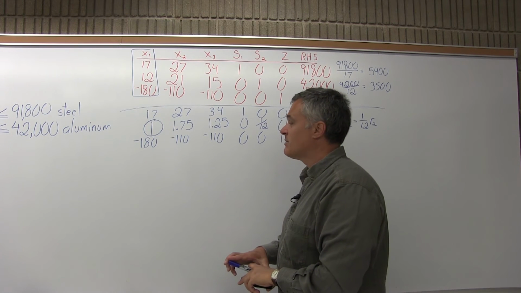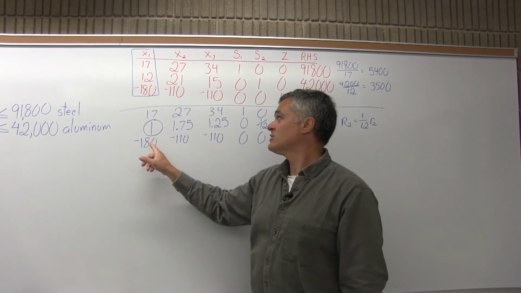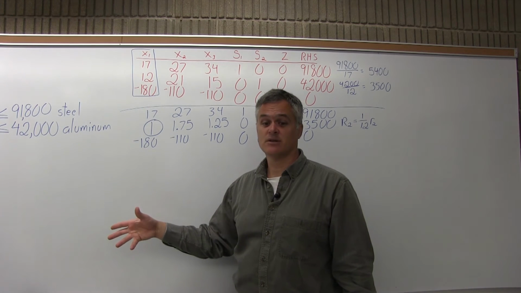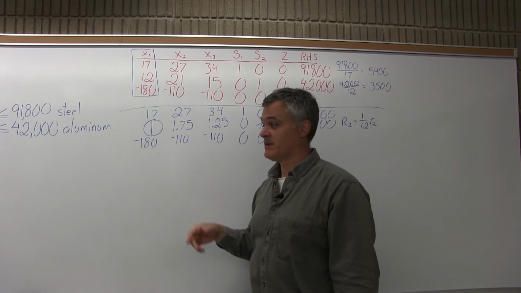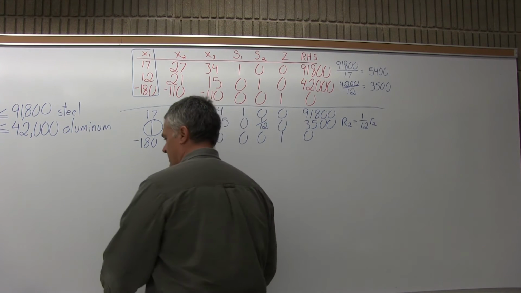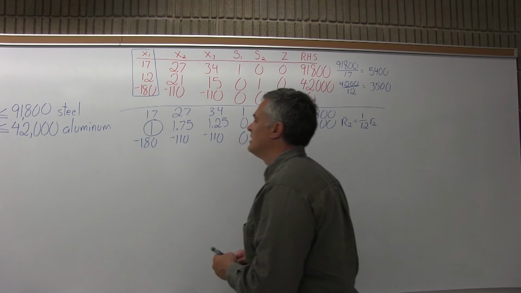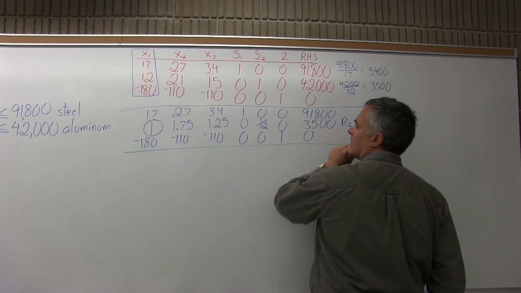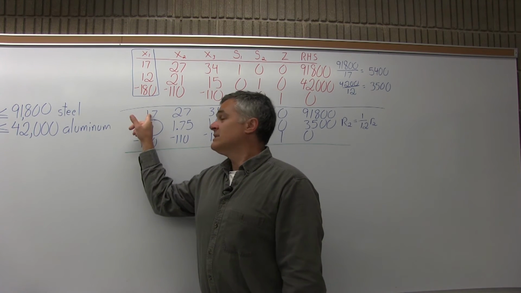Now the next part of the process is to turn the other two values in the x1 column, the 17 in the top and the negative 180 in the bottom, into zeros, and see if it wipes out the other negatives or if I need to pivot again. Let me again go to a new color, just to keep each tableau clearly separated. Now, in the x1 column, I have a 17 in the top position.